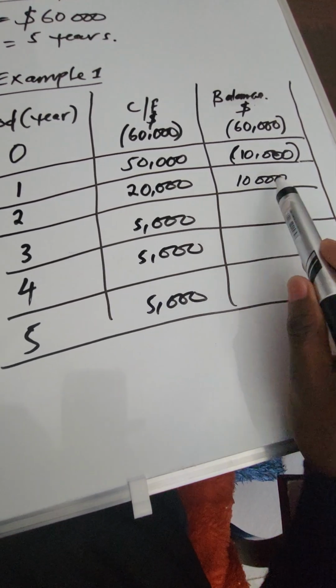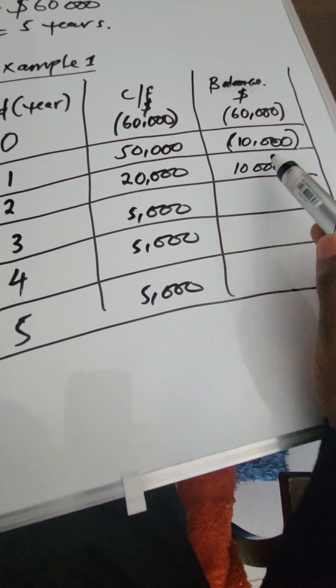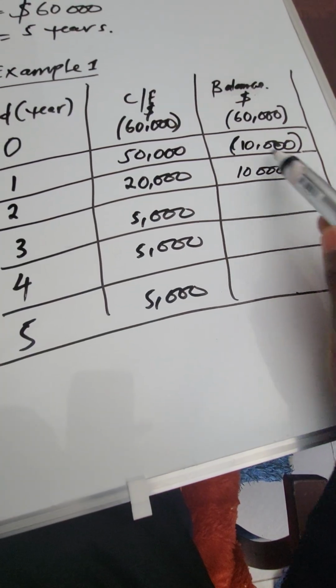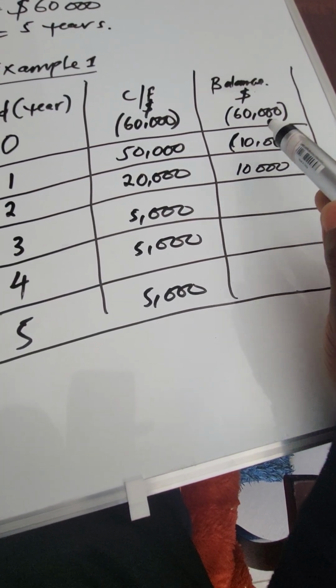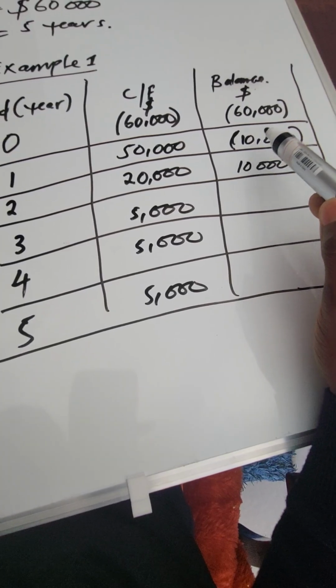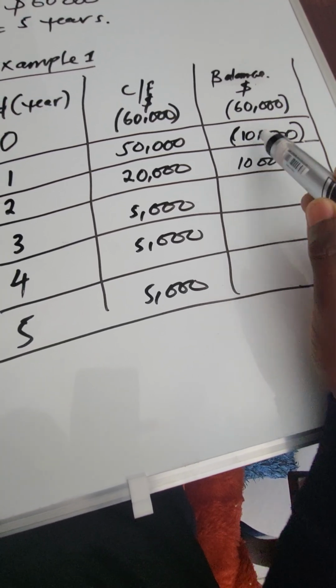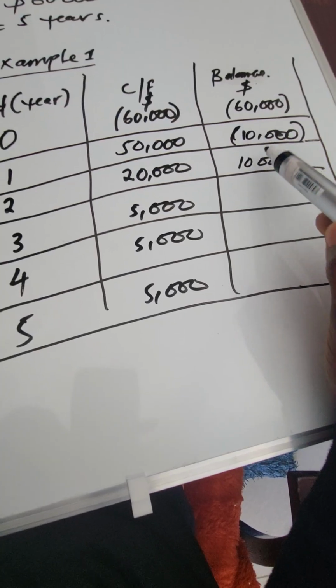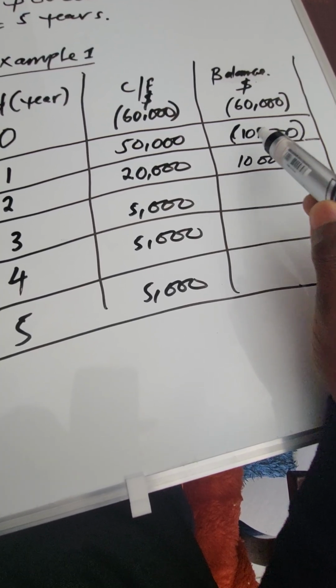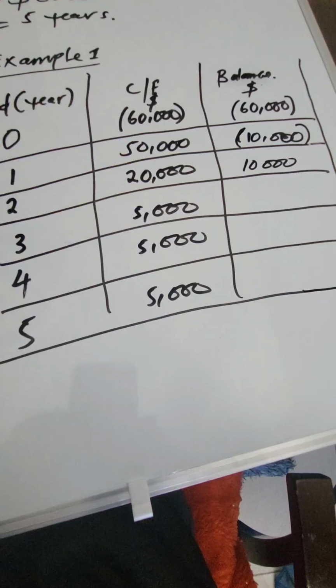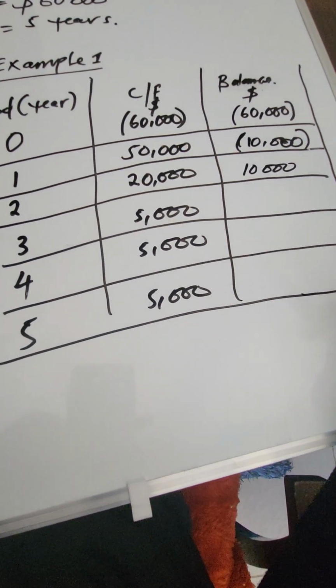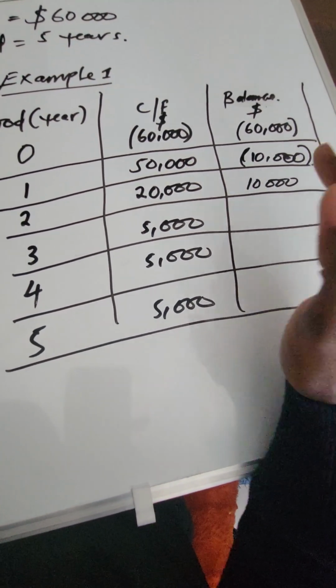So at this point, if you realize the moment your balance moves from negative balance into a positive, that's the period right there trying to tell you that this is when your initial investment is going to be paid back, right?